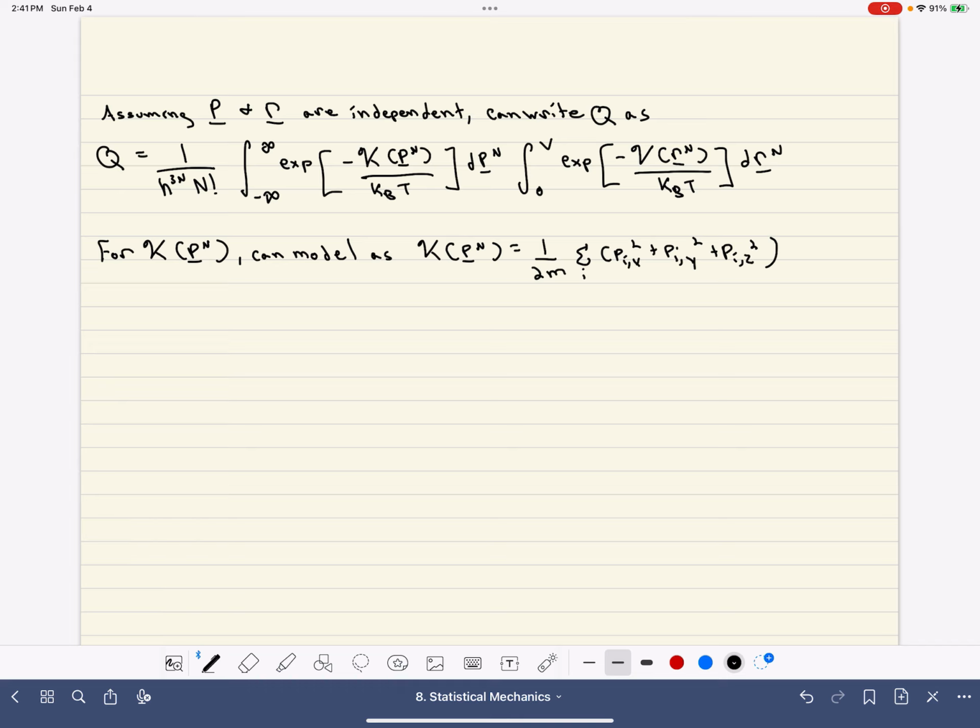And so if that's true, you could rewrite this integral like this.